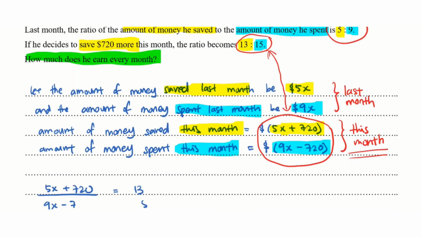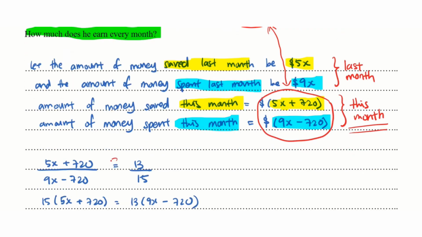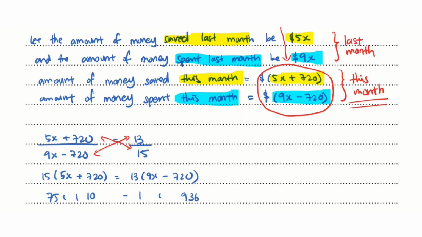Because they are the same, we say they are equal, and that is how I get this equation. Now we cross multiply, and hence we have 15 times 5x plus 720 equals 13 times 9x minus 720.